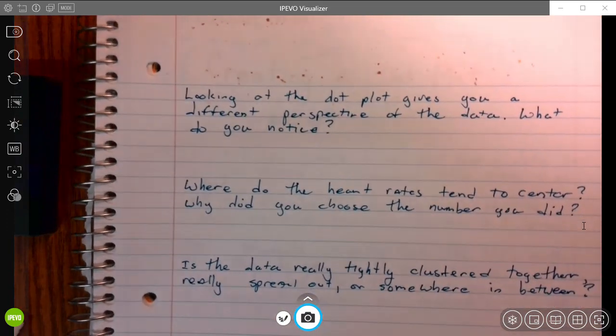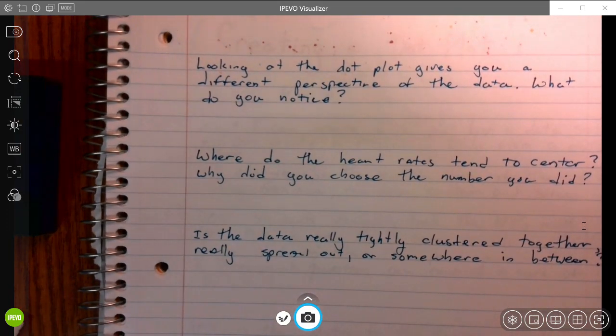So going back and forth to that graph, where do you think the heart rates tend to center? And why did you choose the number that you did?